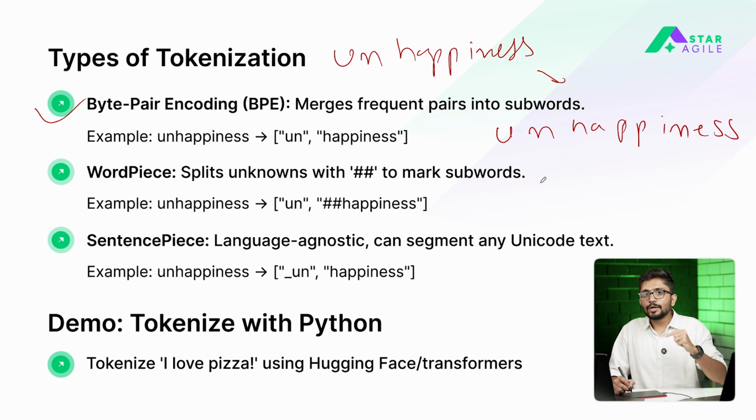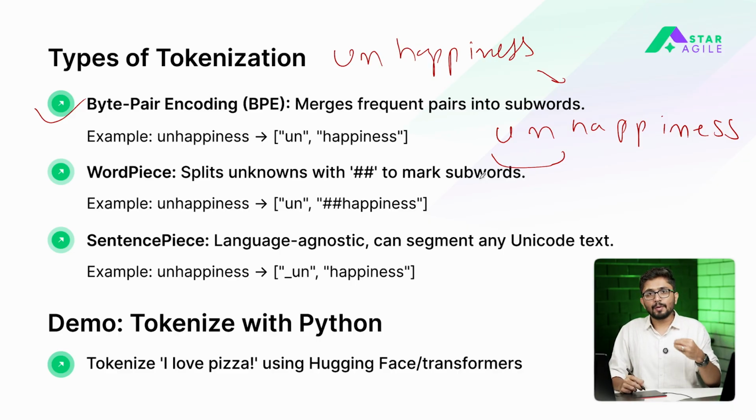And then it is going to merge frequently occurring characters together. It basically checks which pairs of characters are frequently occurring, and all the frequently occurring characters will be merged together until it has done it for all the available characters present in your input text.